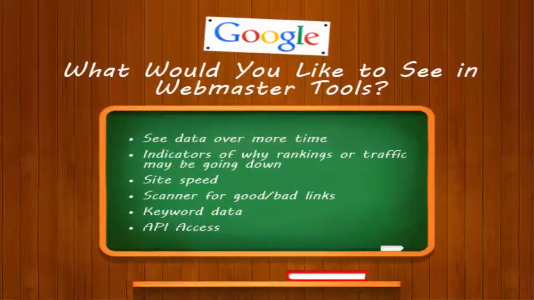If you don't want to have keyword level data in analytics, which I personally think should still be there, I thought the reason for them removing it was fairly flimsy. But if you're going to point to Webmaster Tools as the official source for that, then you need to make the API in Webmaster Tools as useful as it was from analytics and include keyword level specific data there on your rankings. So that's a sore spot for a lot of developers, because in addition to having an underdeveloped API, they then released, sort of unofficially, but it's on the official Google blog, a Python script you can use to actually scrape Google Webmaster Tools.